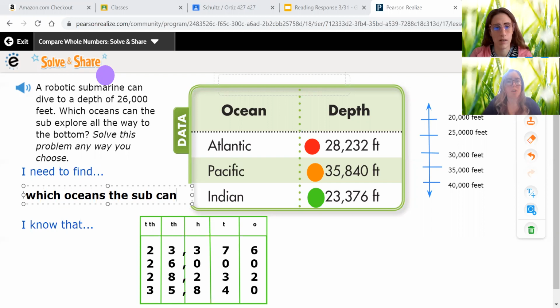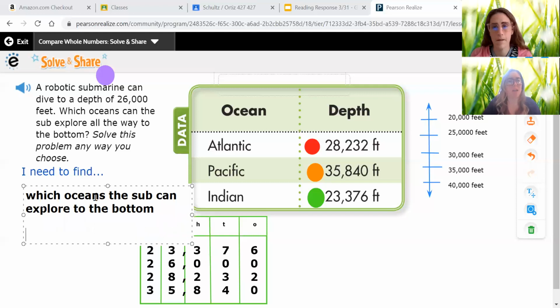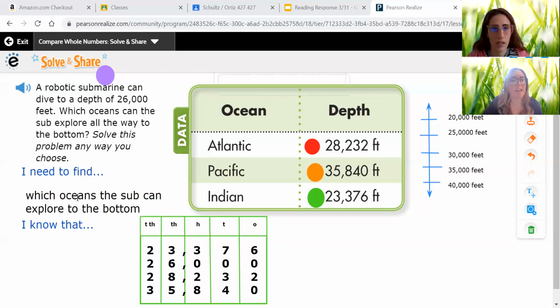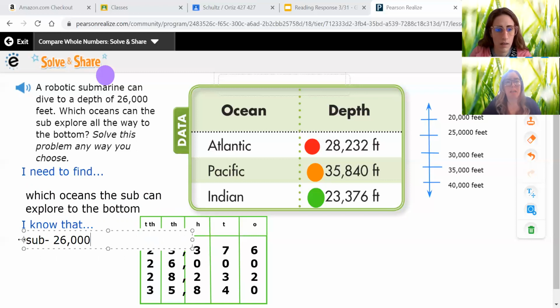And I'm going to use the chart that they give me, which shows the Atlantic, Pacific, and Indian, and the depths of each to help me solve this problem. What information do we know already? Well, I already know that the submarine can dive to a depth of 26,000 feet. I also know by looking at the chart that the Atlantic Ocean has a depth of 28,232 feet.